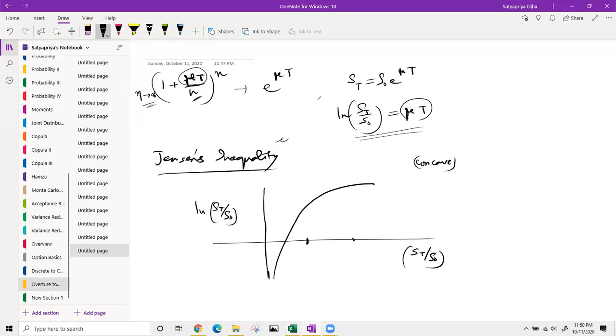Consider two points here and here. This is the function log of x. I'm plotting log x versus x. Suppose this is x1, this is x2. The value of the function at these two points is this, ln x1, ln x2.